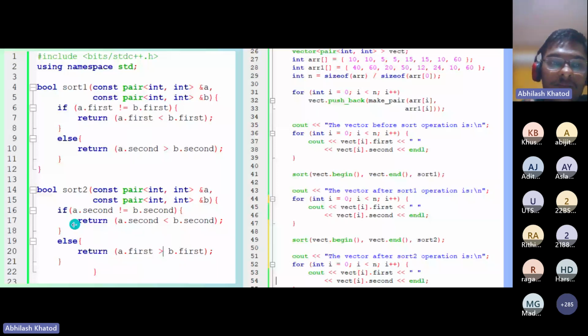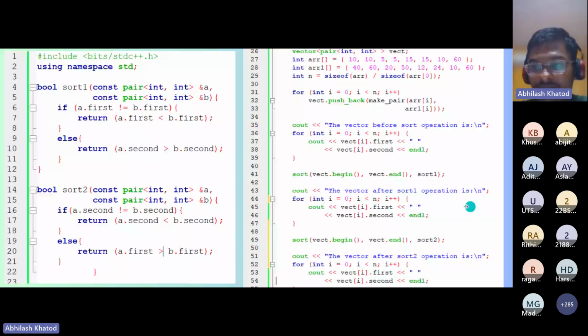We'll follow the same procedure as sort one. If a dot second, that is the second element of the first pair, just keep in mind that a and b are the first and second pair, that's it. So if the second element of the first pair is not equal to the second element of the second pair, then return second element of first pair is less than second element of second pair.